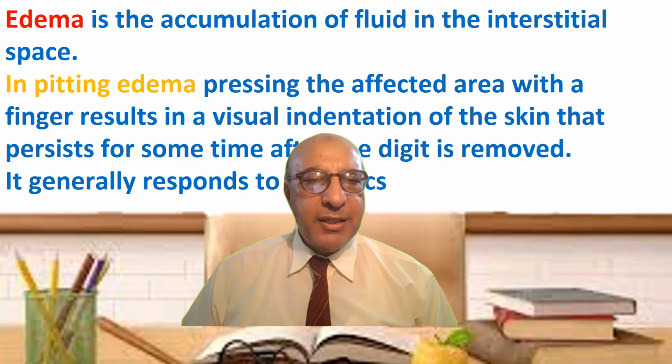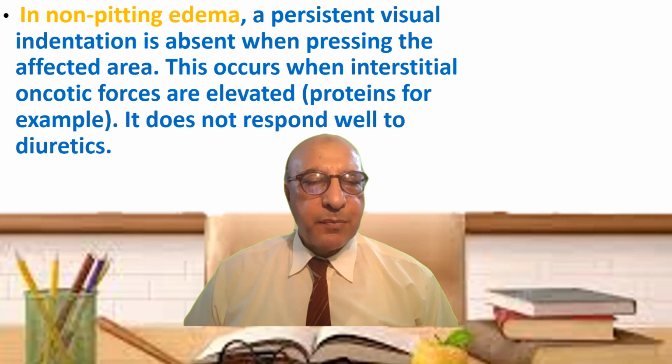The first we call pitting edema, because pressing the affected area with a finger, especially over a bone, like at the malleolus or at the lower end of the tibia, results in a visible indentation of the skin that persists for some time after the digit is removed. This type is important to recognize because usually it responds to diuretics. If you look at this photo here, you will notice that there is bilateral edema, bilateral indentation left after some pressure over the lower limb. This is what we call pitting edema.